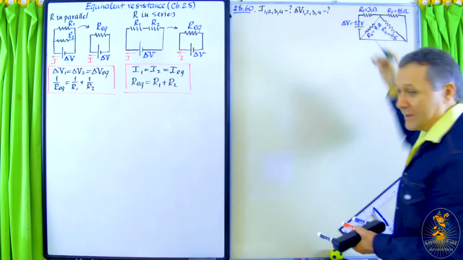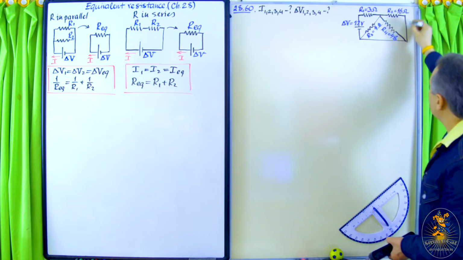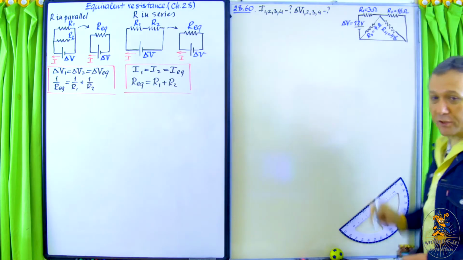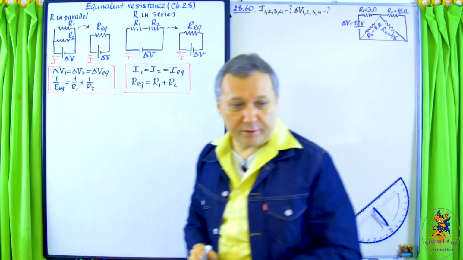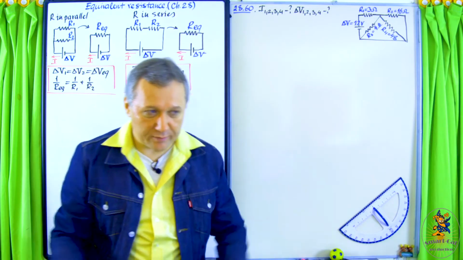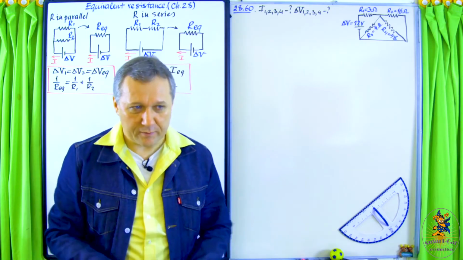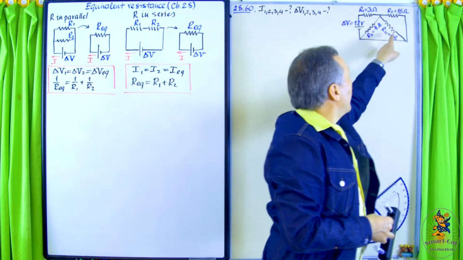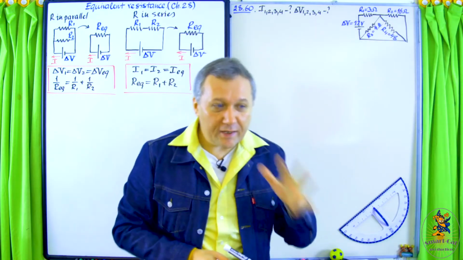Let's say maybe here it's 3 volts. So here 6 volts, here 3 volts. The potential differences across these two resistors are going to be exactly the same: 6 minus 3, 3 volts. I'm just making it up. So you see, R2 and R4 are actually connected in parallel.